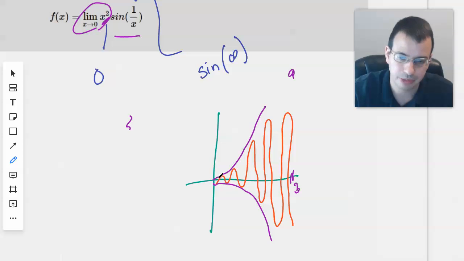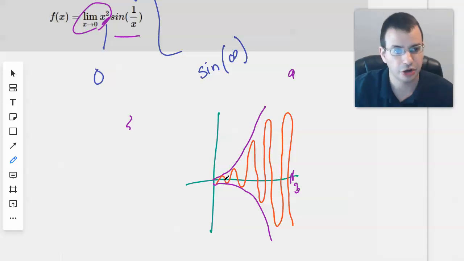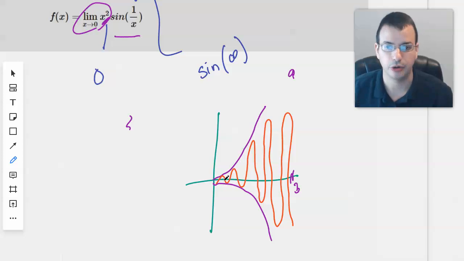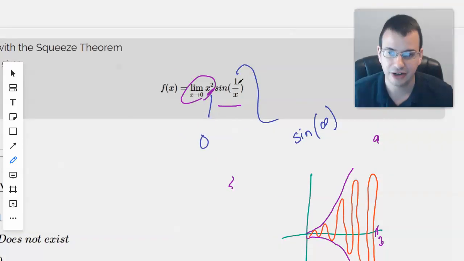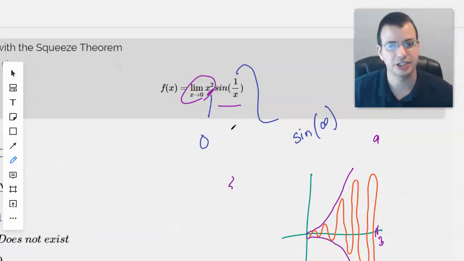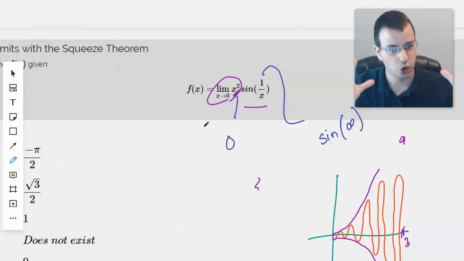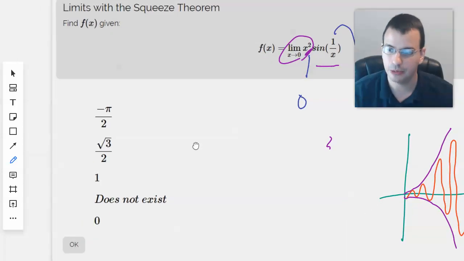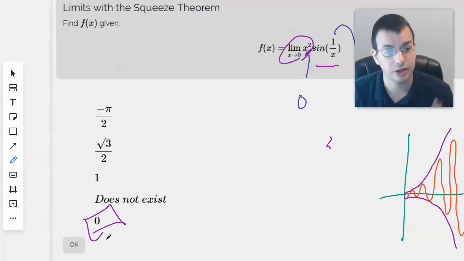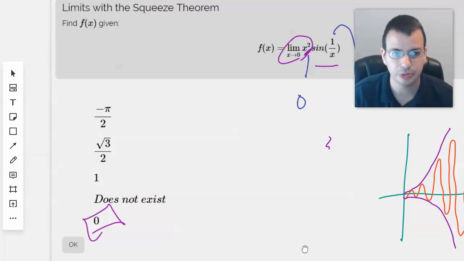The limits are going to be based on x squared. And so as x squared goes to 0, the whole function is also going to have to go towards 0. And so even though the limit of sine of 1 over x doesn't exist, we know that the limit of the function as a whole will exist, and that will be 0. So that's how you approach this problem.